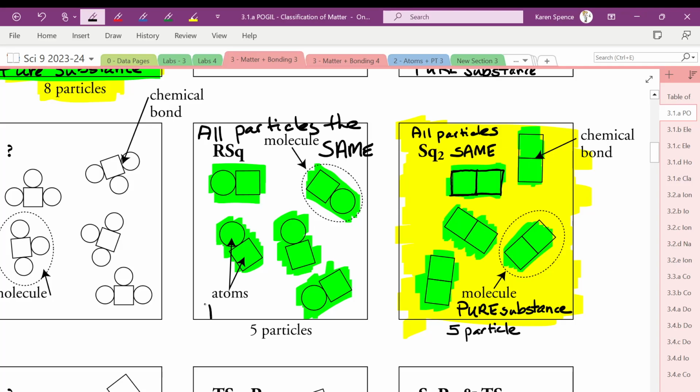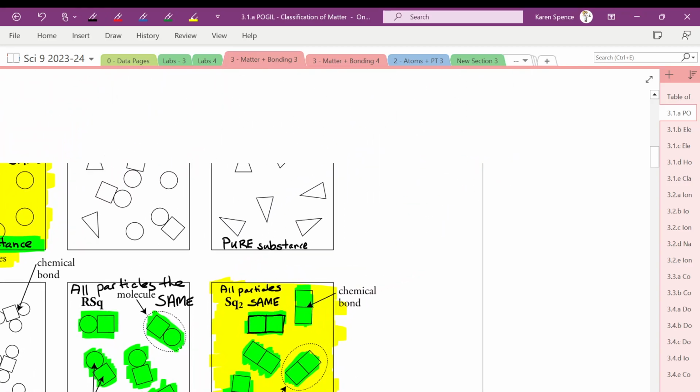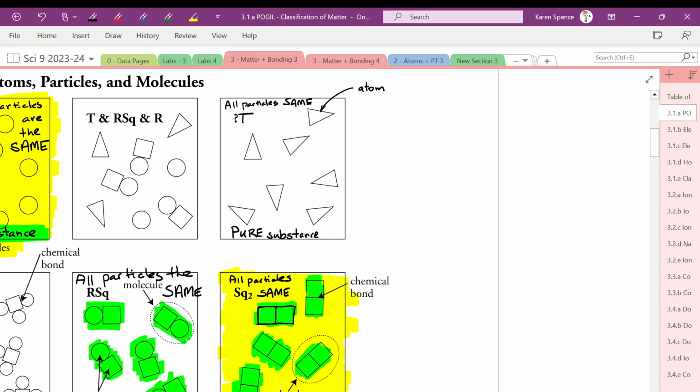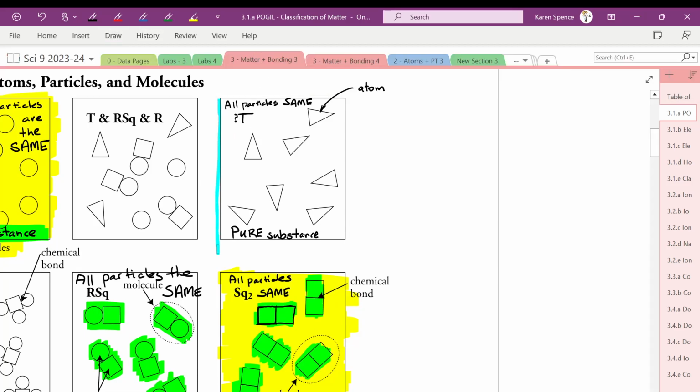So again, I'm not going to write substance. I'm just going to write pure for now, because I'm running out of room down here. But there's something different about RSQ compared with, let's just take a look at these three together here. If we focus on, I'm just going to outline these guys in blue here.